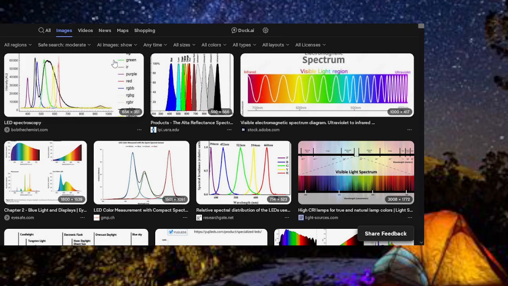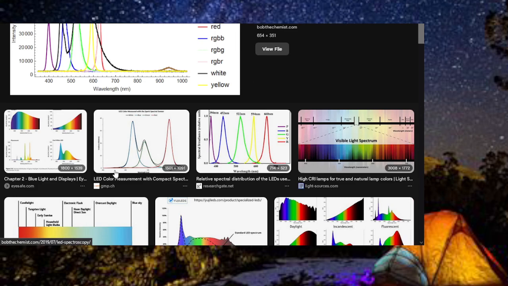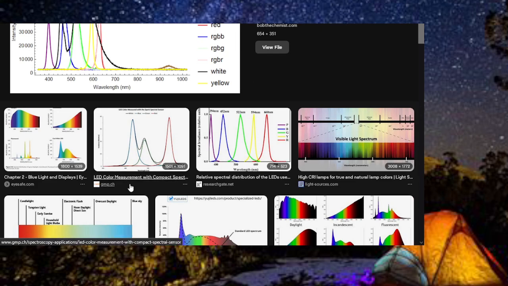Is this temperature? What is this? It's intensity. Spectral.